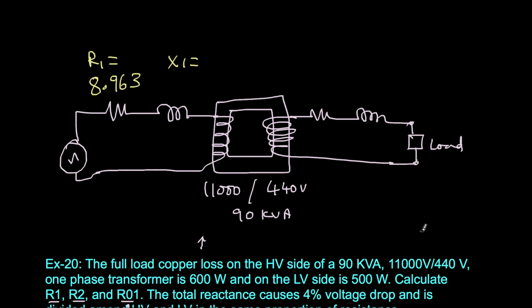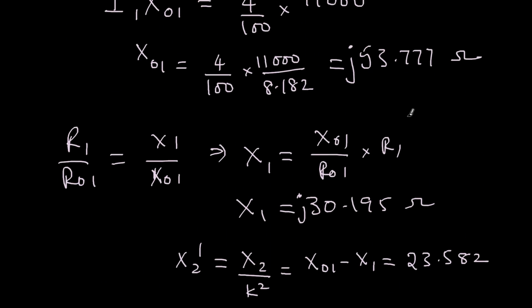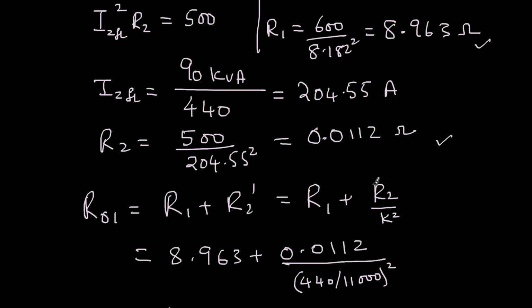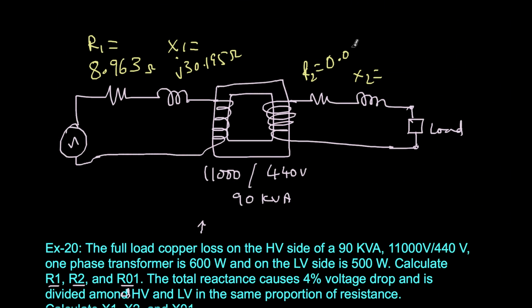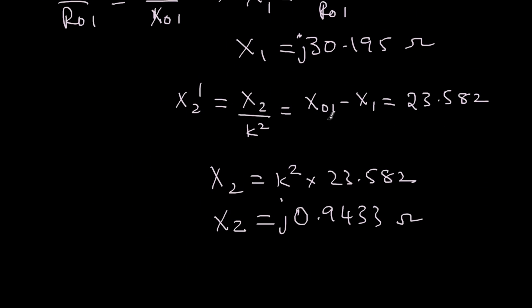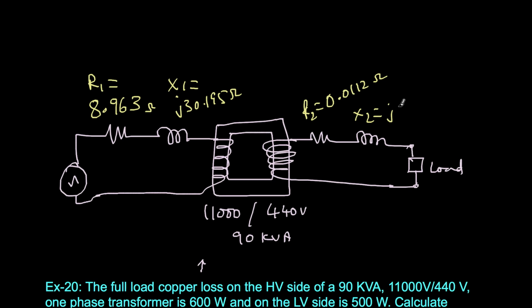Then X1 equal to j30.195. This is the total R. Here R2 equal to something and X2 equal to 0.9433. That's it. So we have this.